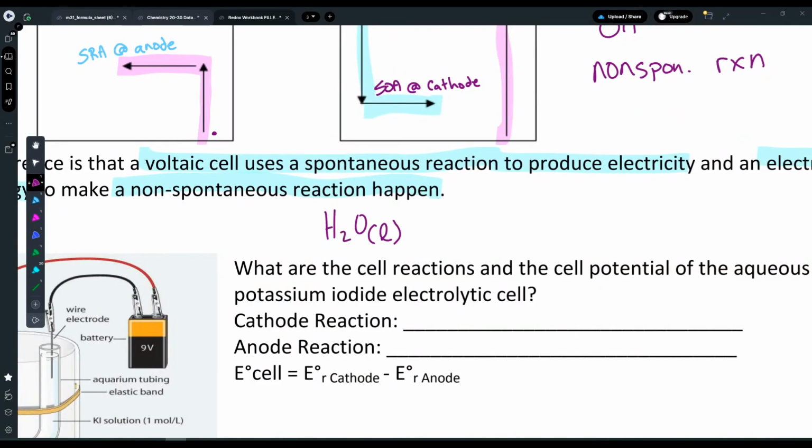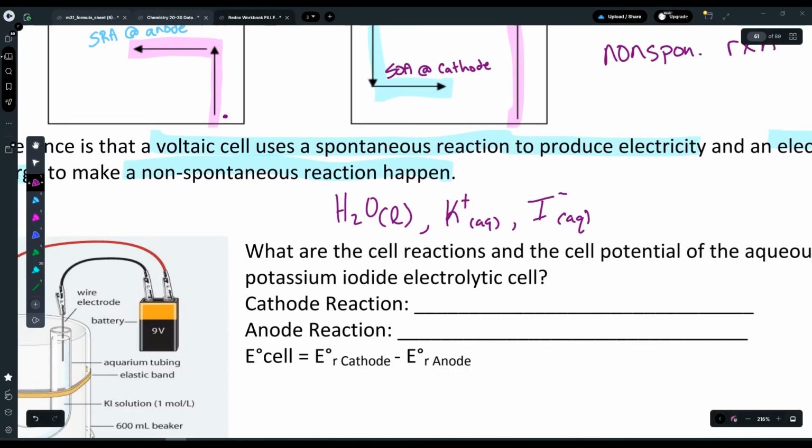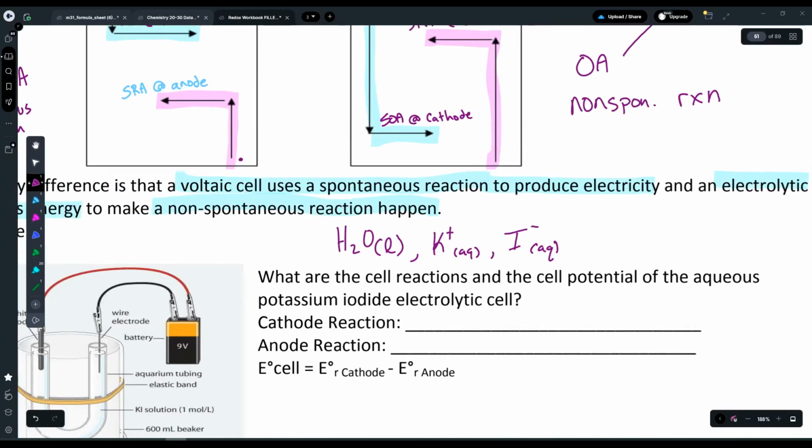And because it's aqueous, we know the potassium iodide can dissolve in water. And since it's an ionic compound, we know that it's going to dissociate into its ions there. So K+ aqueous and iodide ions there.